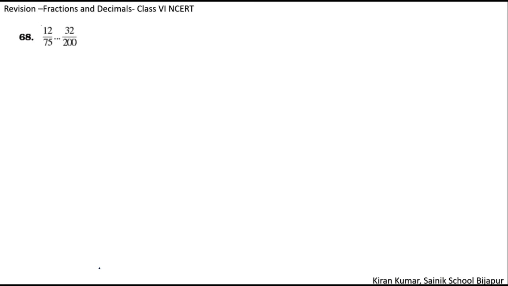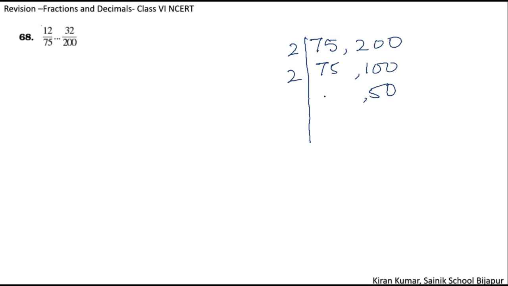Question 68. In this question also we have got different denominators. 75 and 200 are the denominators here. So I need to find the LCM of 75 and 200. So 75, 200. I need to divide. 2 times 100 is 200. Further 2 times 50. Further 2 times 25.